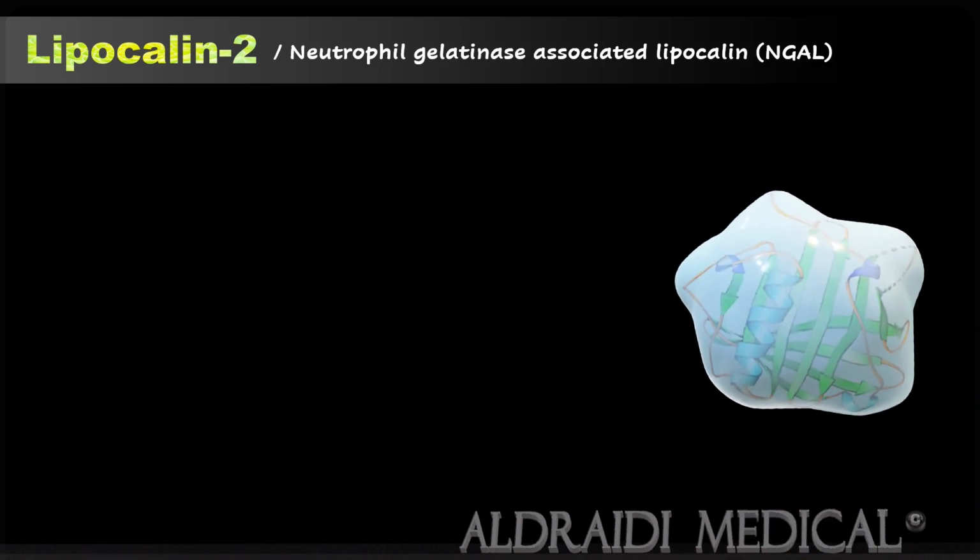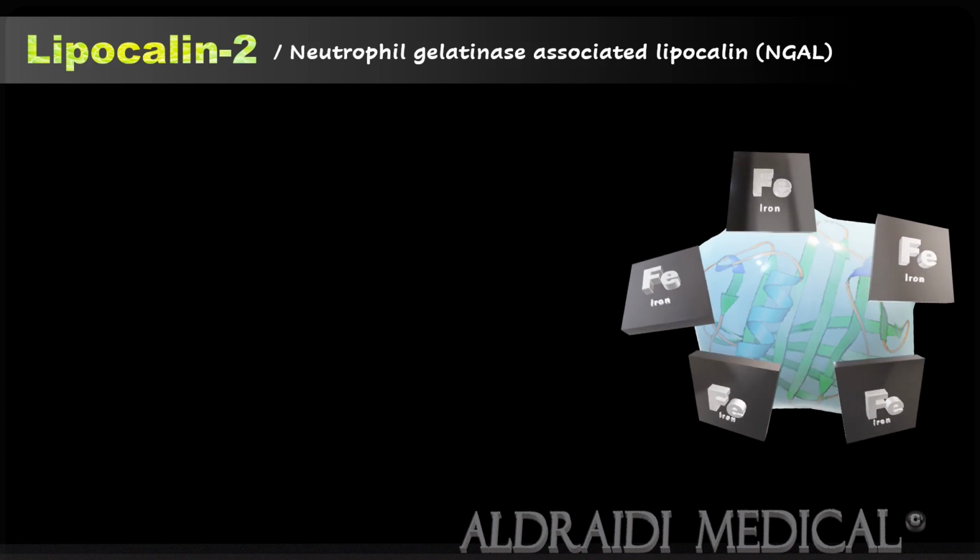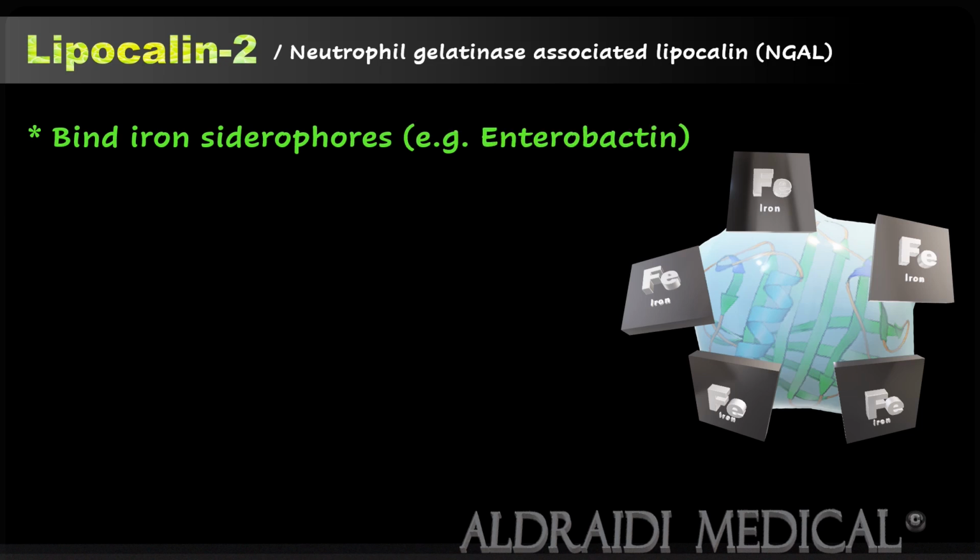The antimicrobial activity of Lipocalin-2 is similar to that of lactoferrin and mainly involves sequestering metal ions needed for microbial growth. Lipocalin-2 binds to iron siderophores such as enterobactin, which are essential nutrients for the survival and virulence of many bacteria and fungi, thus limiting the availability of iron and basically starving them of this growth essential ingredient.